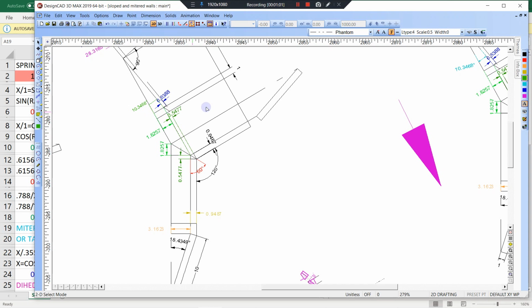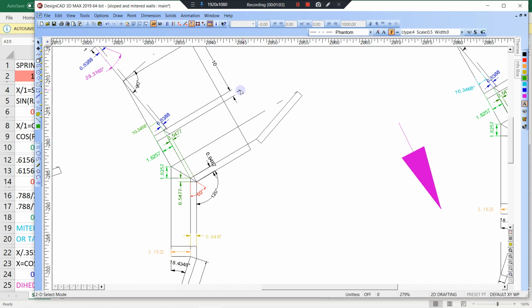So like if it was 10 tall and 1 thick, it'd be nice to have the 1.8257 right here, so you could go 10 by that dimension and you would have the angle, instead of just the angle, because most people don't know how to convert an angle to a rise and run.